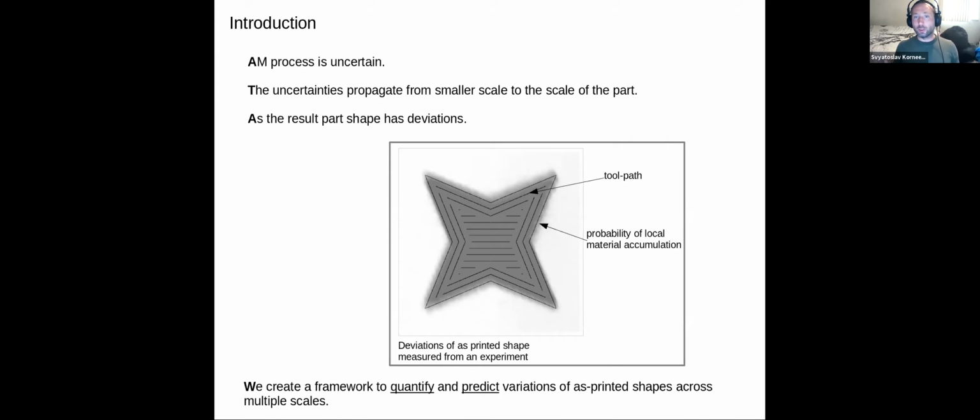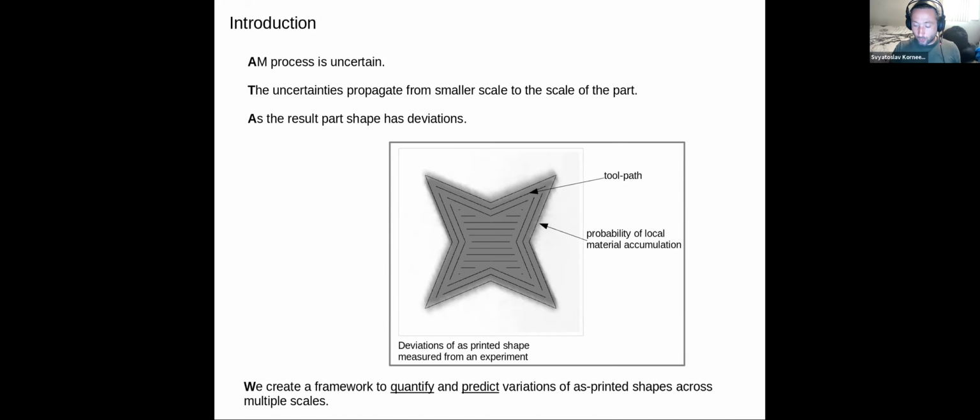If you want to estimate shape from additive manufacturing, you have to consider this uncertainty. We created a framework to quantify and predict uncertainty of a printed shape across multiple scales.